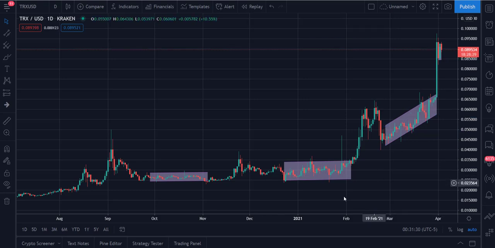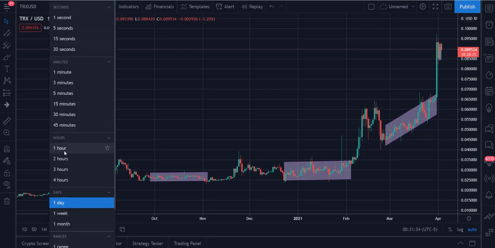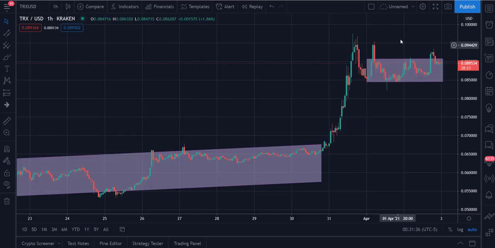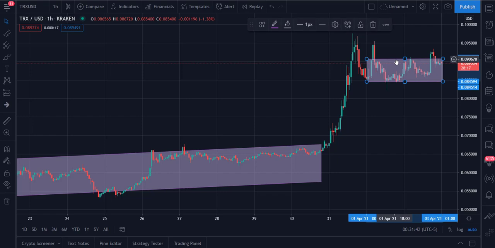Another big challenge about where price is right now is the fact that we're so high that we're really not in an area where we see big values. We could look to a little bit of Fibonacci analysis as well.